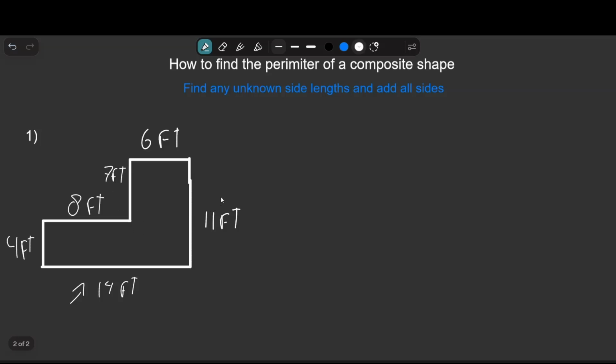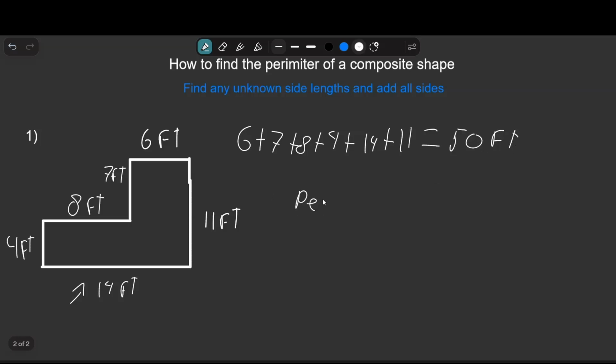So now we have all sides, we have to add them together. So let's start up here. 6 plus 7 plus 8 plus 4 plus 14 plus 11 equals 50 feet.